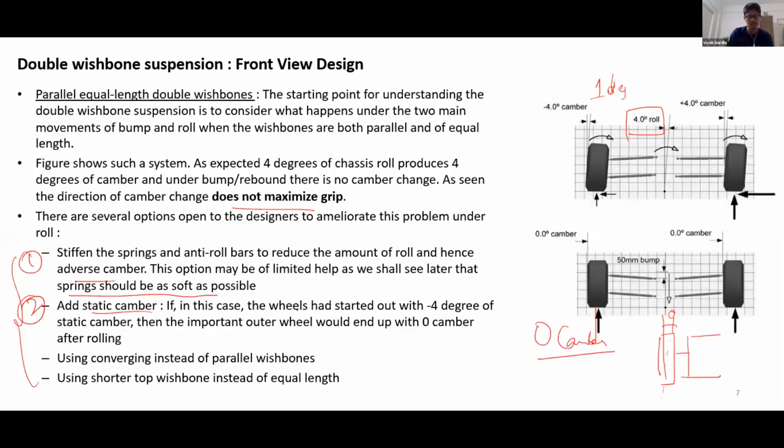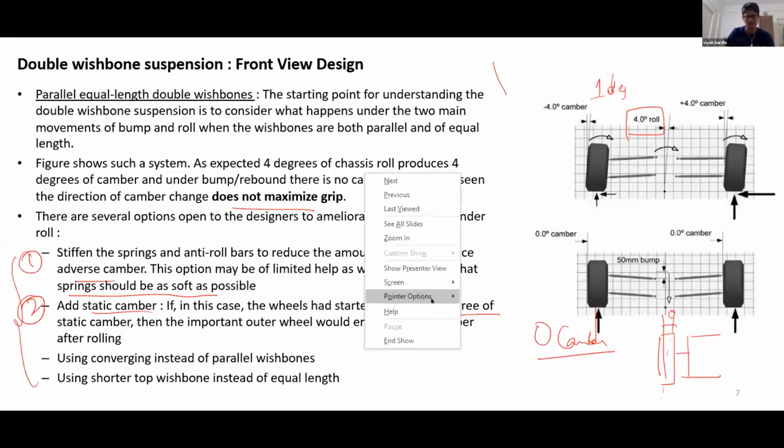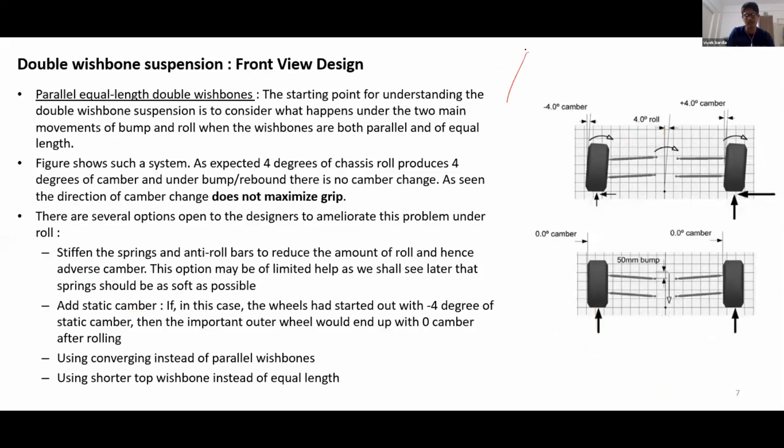In this case, the wheels had started out with -4 degrees, right? If the wheels start out with -4 degrees, that is to say that you have wheels which are like this.